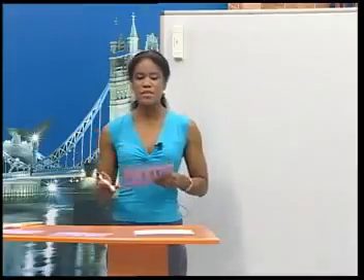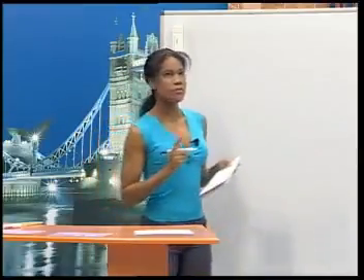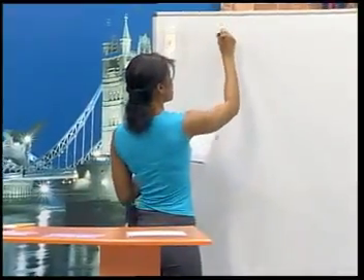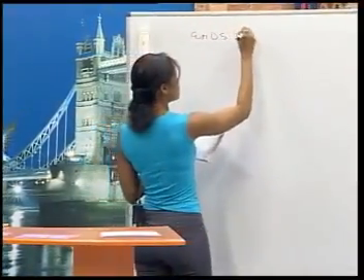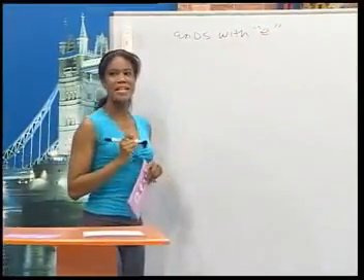With most regular verbs, we usually just add ed to create the simple past. But you must be careful with the spelling of some verbs. When a verb ends with e, we just add a d.